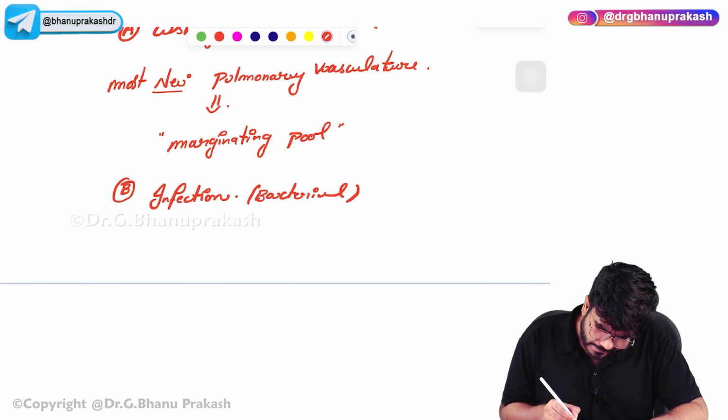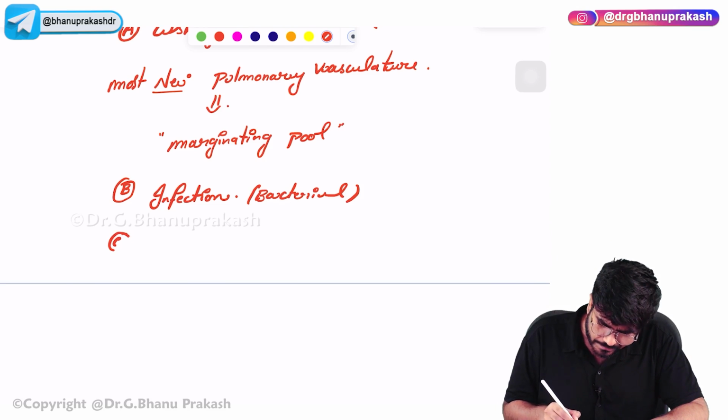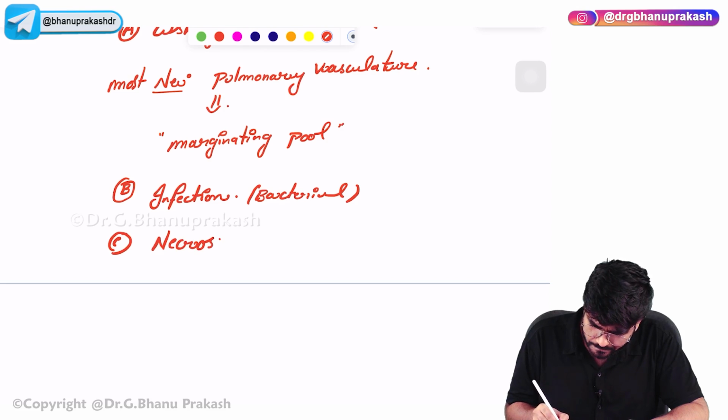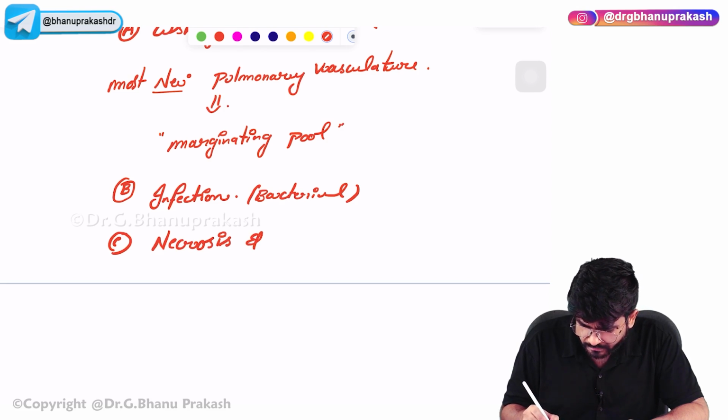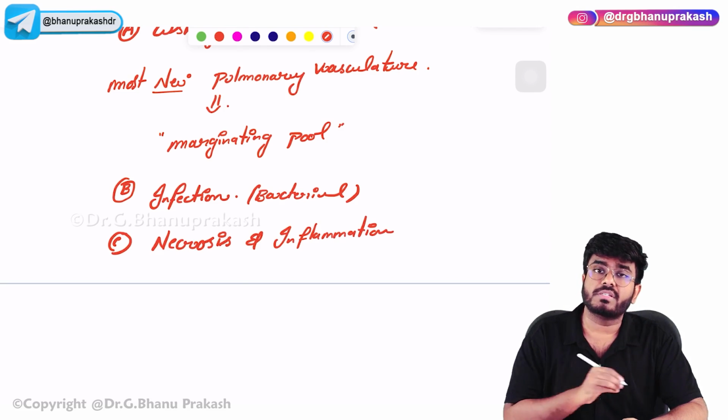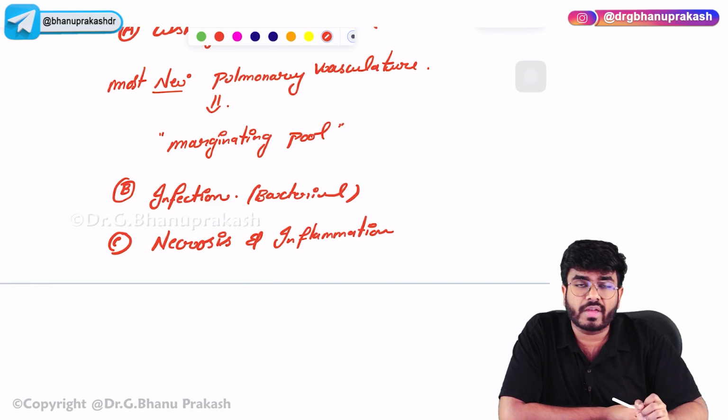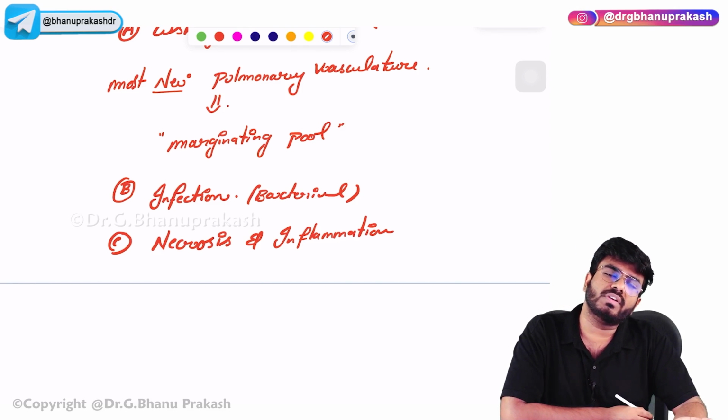The second thing is inflammation. So there is necrosis and inflammatory conditions, acute inflammation. Already in the inflammation topic we have discussed that in acute inflammation, the predominant cell that is going to be raised in the blood is a neutrophil, simple.